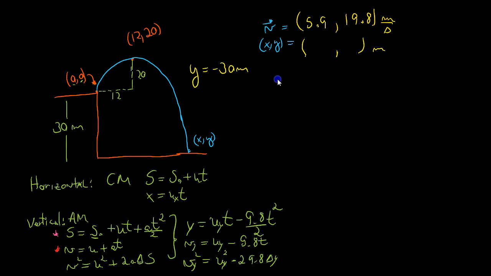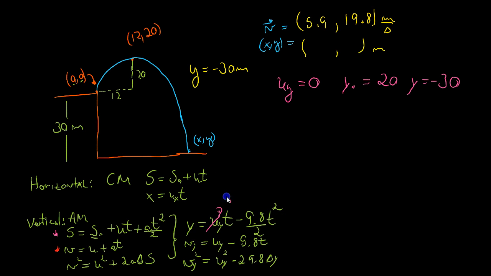Okay? So uy is going to be 0 for the rock dropping from the highest point to the lowest point. And we know that the initial position, let's call it y0, is 20. The final position is negative 30. Okay. So the only thing that we don't know is time, so this will suit us really well.